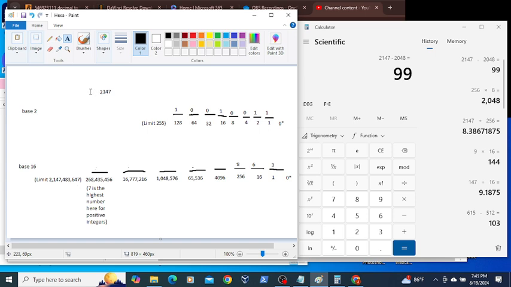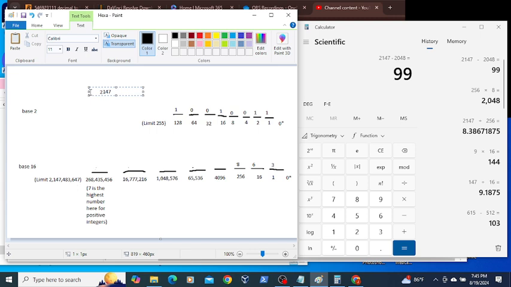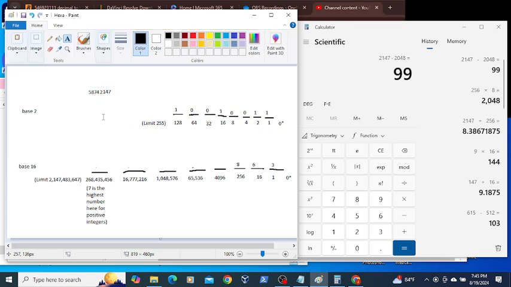Now let's make it even uglier. 58,742,147. It took me a second to realize what that number is because they're all different.